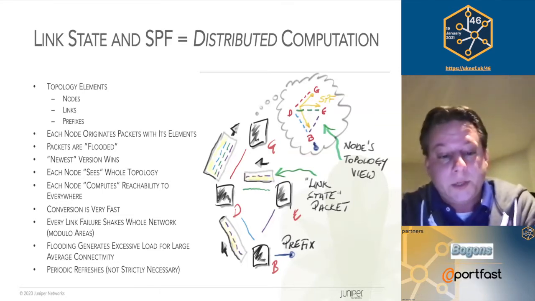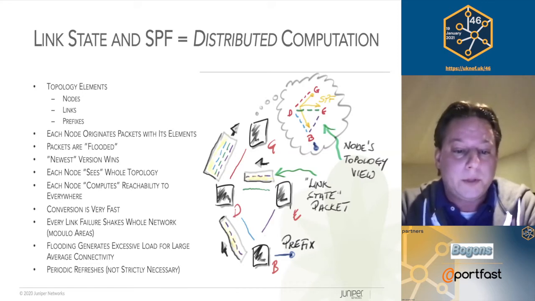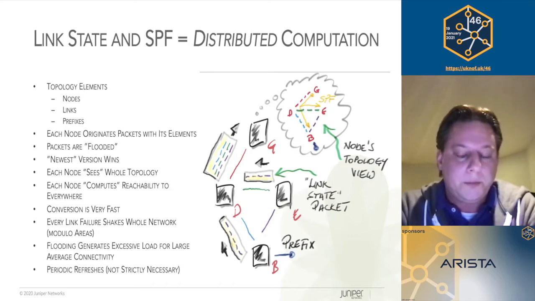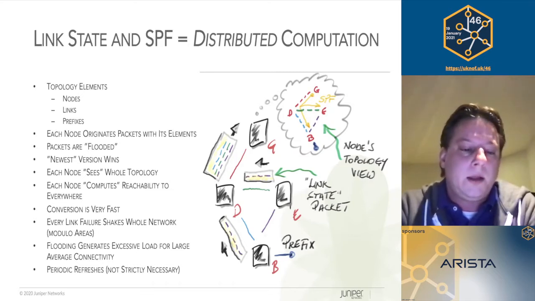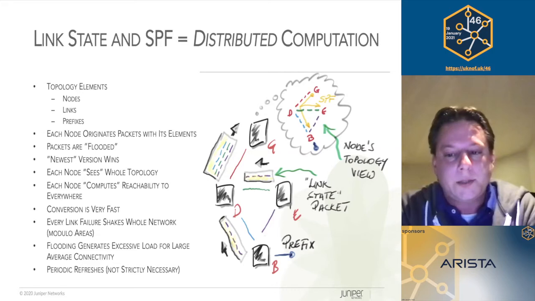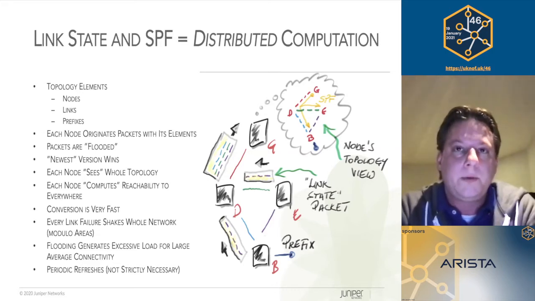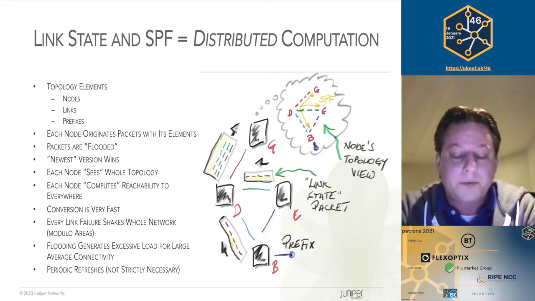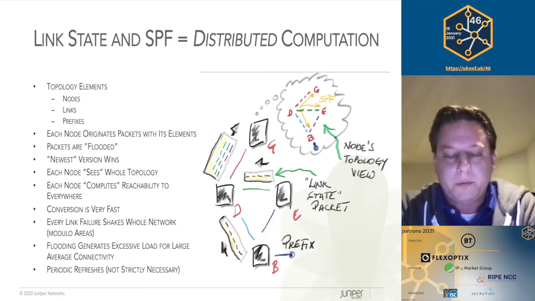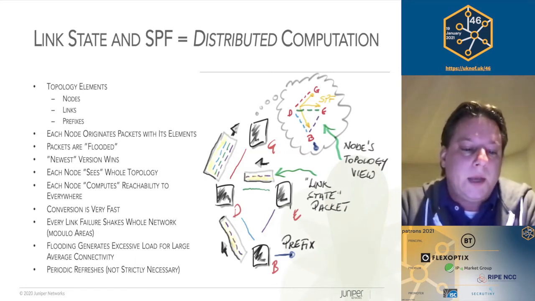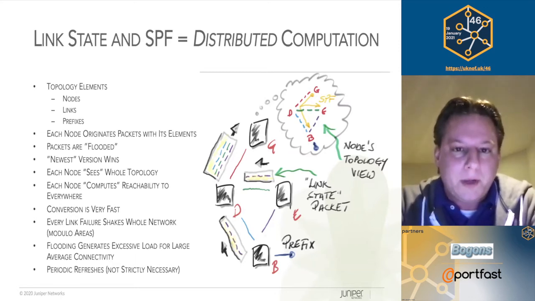Also, each node within that network sees the whole topology and uses that information to compute reachability to everywhere. Makes convergence really fast. The downside, however, is that ISIS is so good in flooding that if you would use this in really large fabrics, and then I'm talking about 1,000+ nodes, for example, that flooding becomes an issue, right?